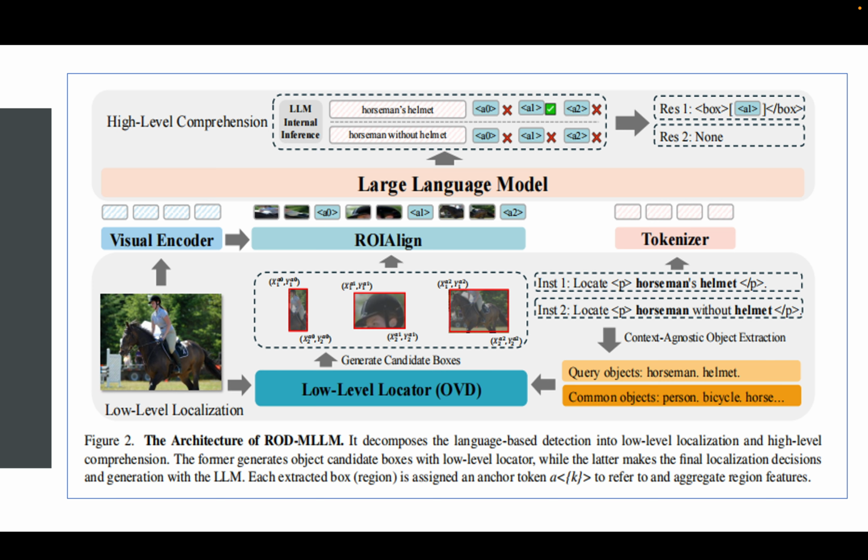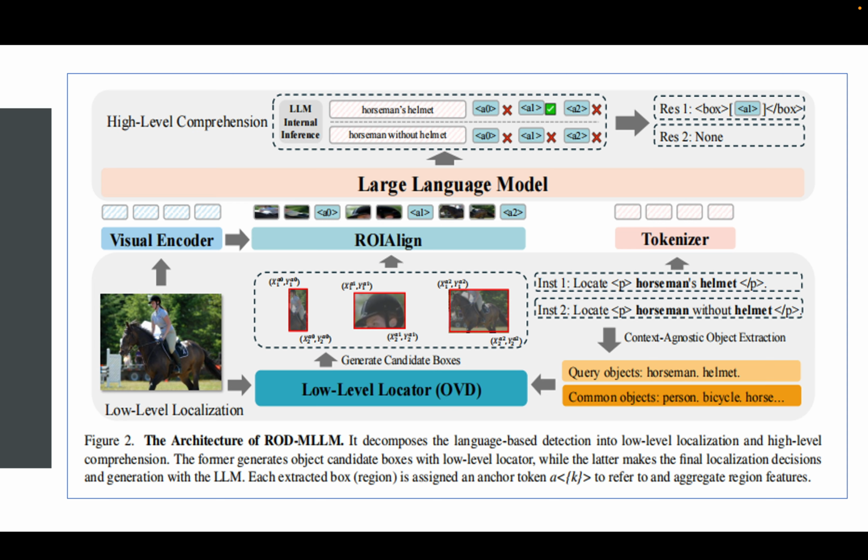What the OVD does is search the image for everything and anything that resembles these categories. For example, if the words are horseman helmet, the OVD might output a box containing the rider, horse, and helmet. So basically we have the full feature extraction from the image and also what exactly is inside the box. This level compares what is inside the box with what is coming from the text, and it describes over the text so that nothing important is missed.